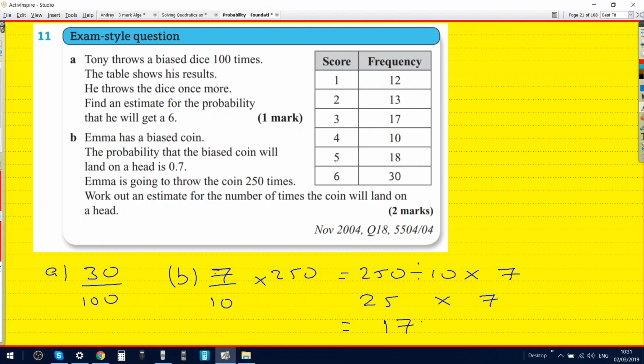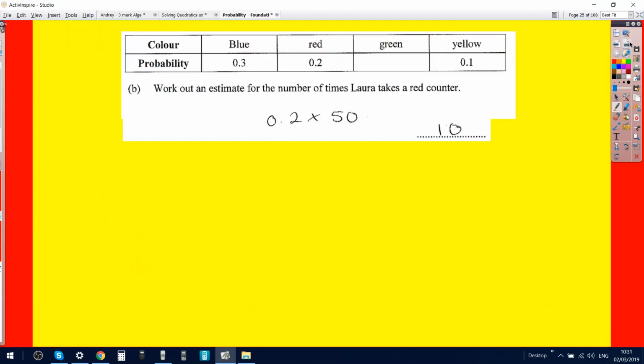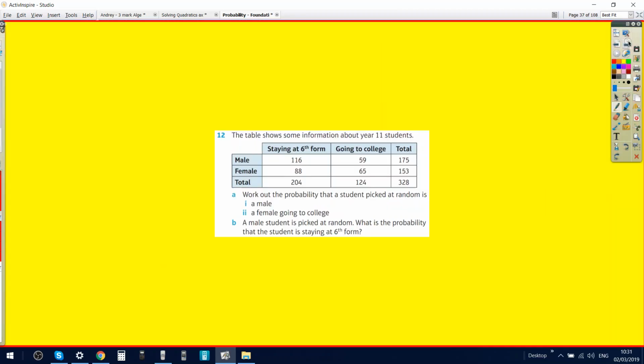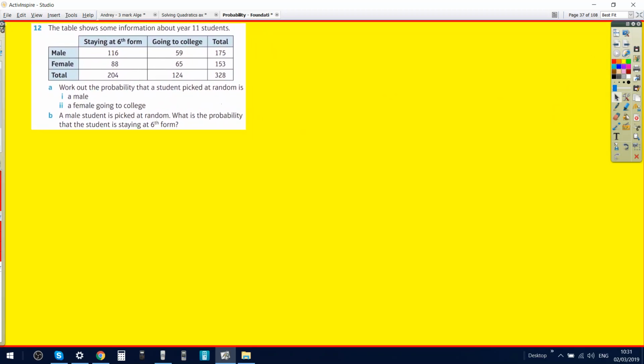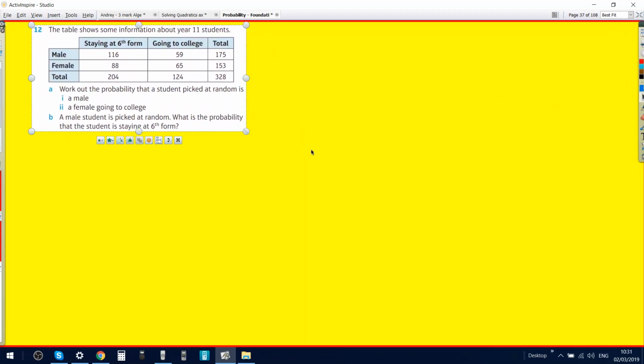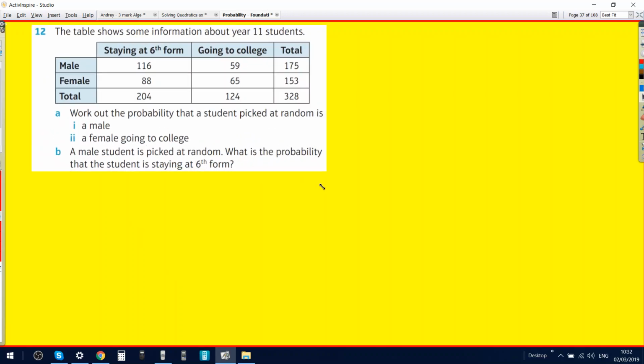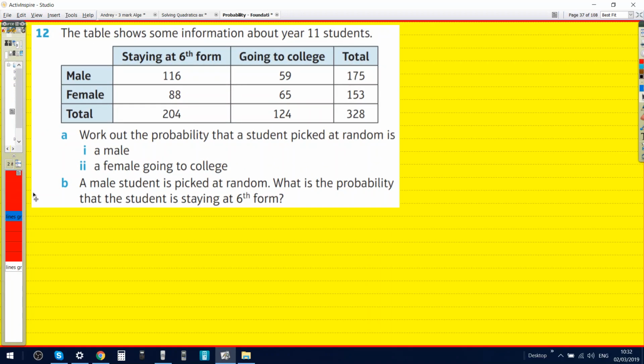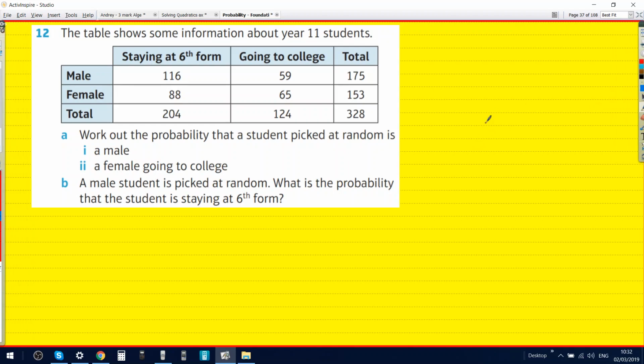Okay. 175. So basically, you're just multiplying them. Okay. Calculator paper. I believe. I think that was non-calc. Okay. 25 times 7. That's not too difficult. 25, 50, 75, 100.